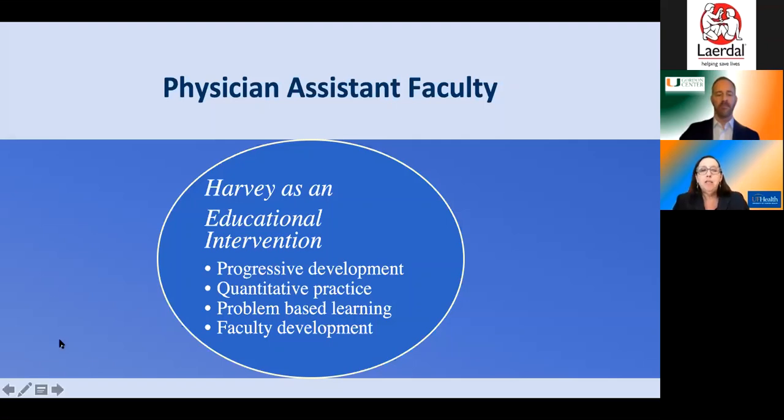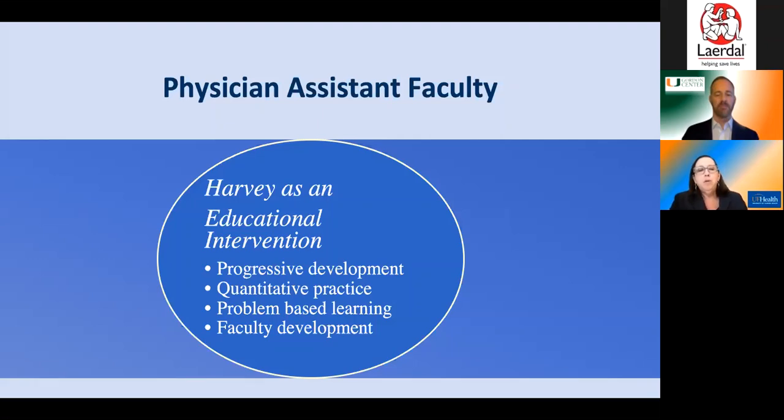Lastly, on this slide, I'd like to mention faculty development. Many of you who are teaching PA students may or may not be experts in cardiology, but the steps to implement Harvey and the ability to program him to teach the faculty to support your training of PA students is already developed for you.